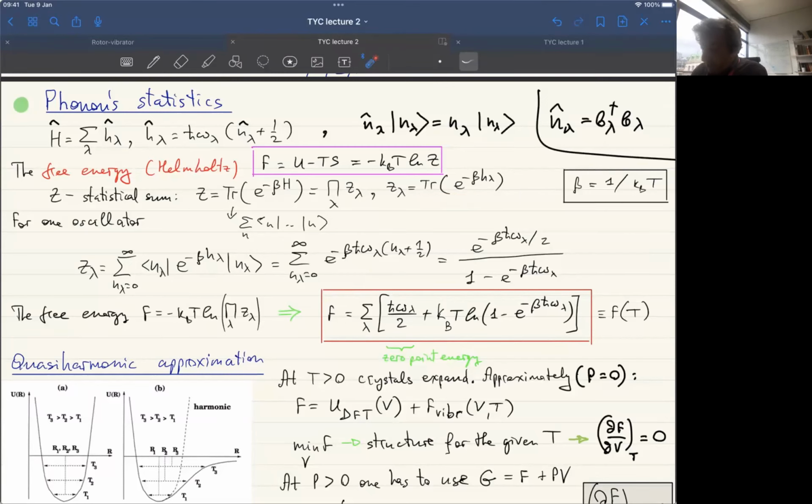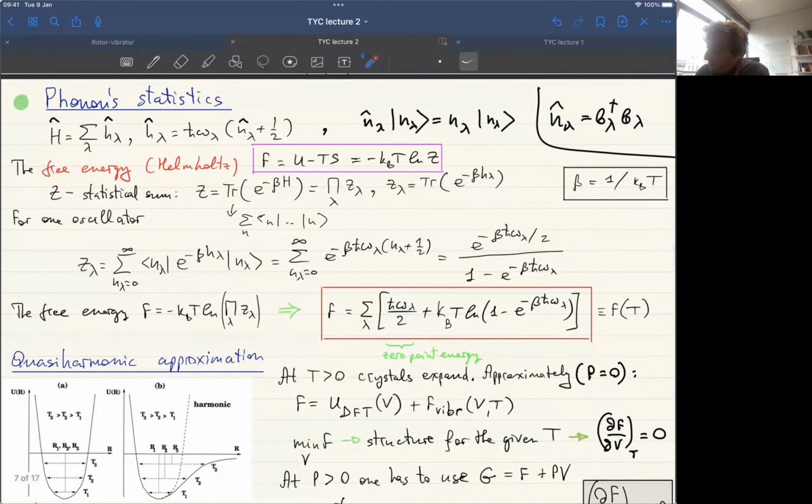So the calculation goes as follows. If we consider the trace of that operator, we basically sum over all possible wave functions, and we take a matrix element of that exponential operator. All possible wave functions of our harmonic oscillator are numbered by these numbers n lambda, the occupation numbers, and they change from 0 to infinity. So we need to just sum that expression from 0 to infinity.